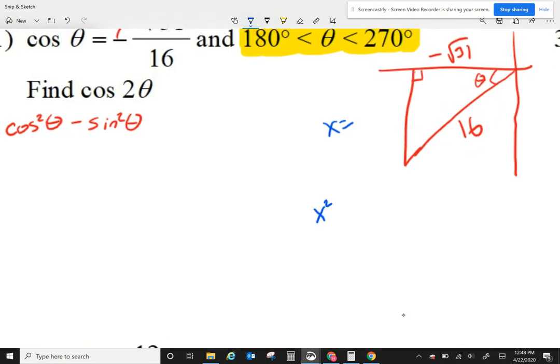I have that x squared plus the negative radical 31 squared is equal to 16 squared. So I have that x squared plus 31. Now 16 times 16, that's 256.